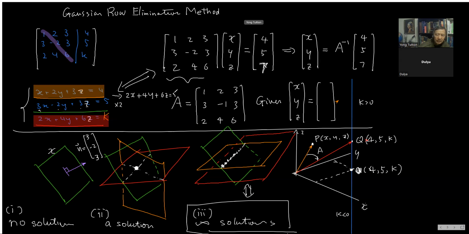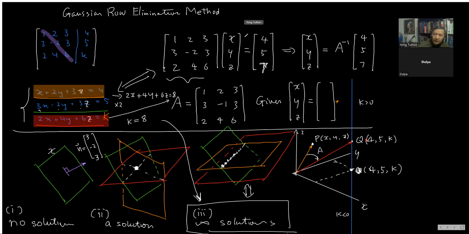All right. So without invoking any method, we can argue that when k equals 8, can you see? When k equals 8, we will end up with this scenario, infinity. In other words, not only parallel, but they actually overlap.